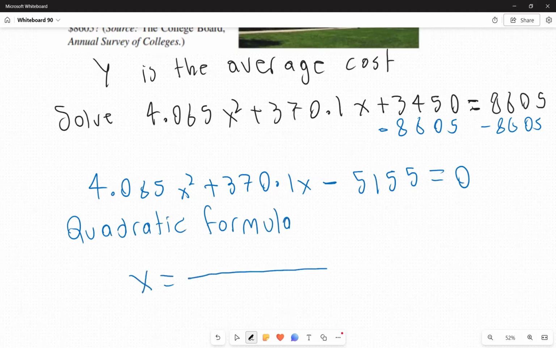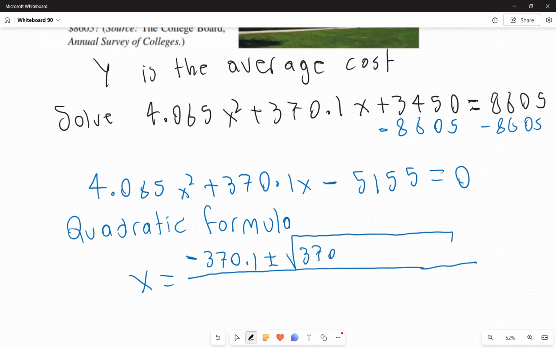Where x is going to be what? The opposite of b, where b is 370.1, plus or minus the square root of b squared minus 4 times a times c.